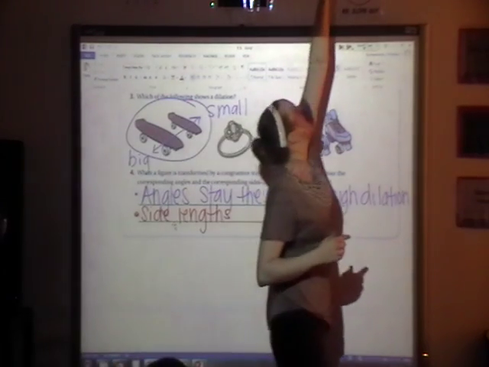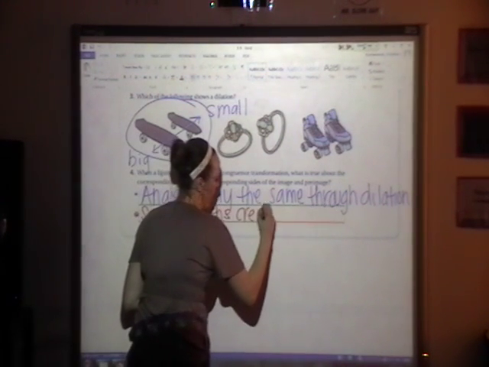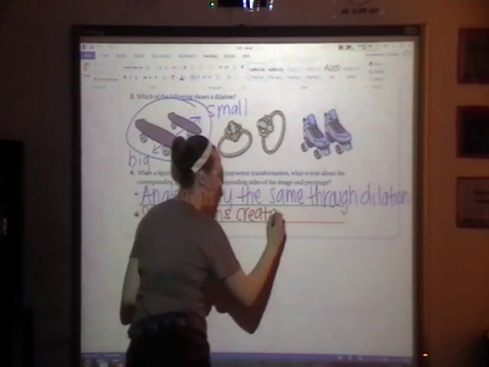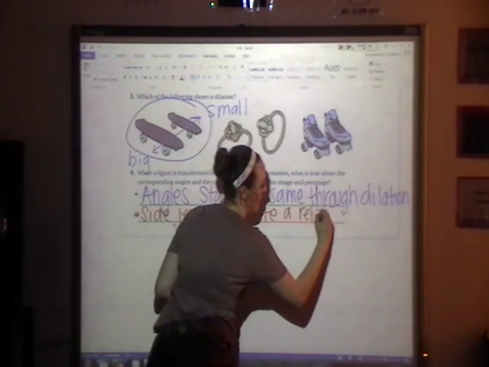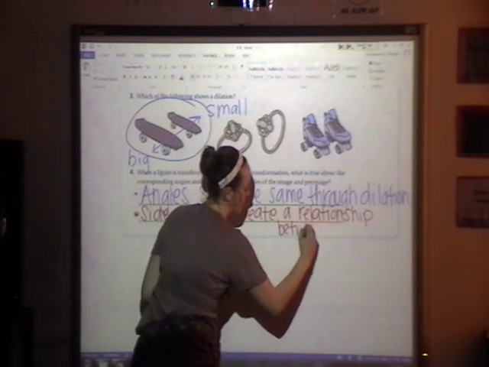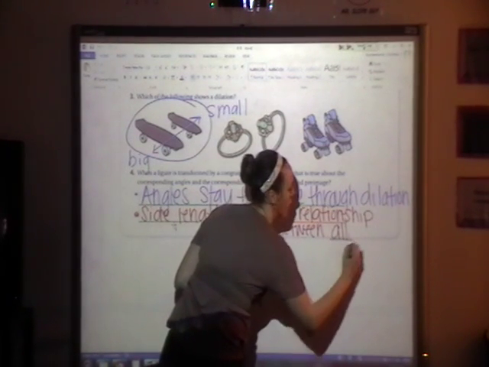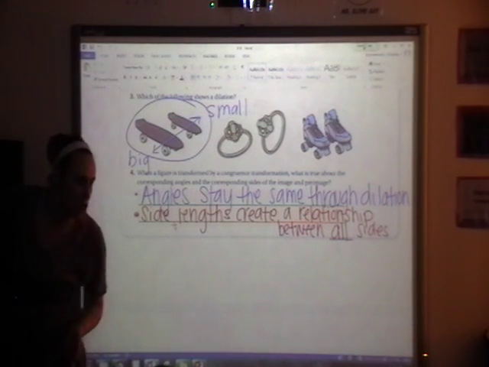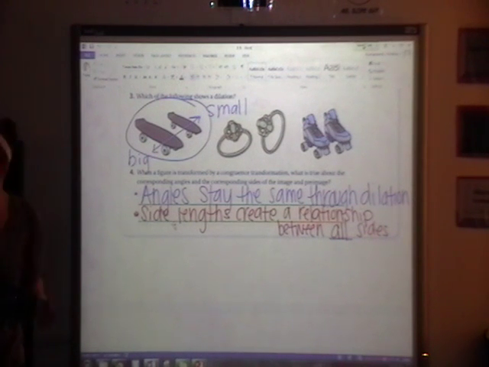Side lengths create a relationship between all sides. So it is just like an equation. What you do to one side of a figure, you have to do to all sides. It has to be fair.